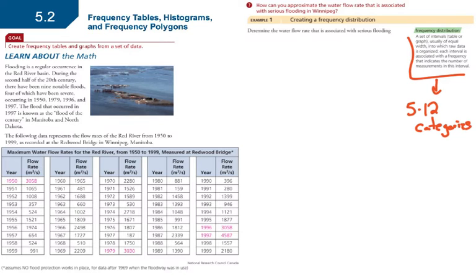And those category sizes will depend on what kind of data we're dealing with. We're dealing with water flow rate. We can look at this. Ideally, we get to 10 categories. So the way I like to do this, I like to scan through the list and see what my largest number is. And that's why I've highlighted some of these here. My largest flow is 4,587.